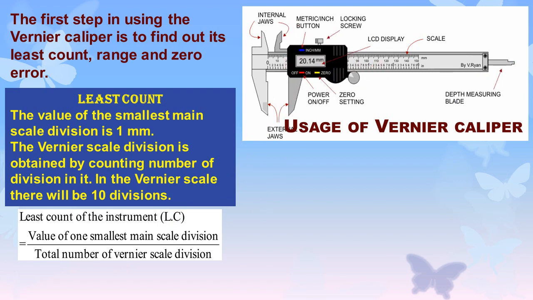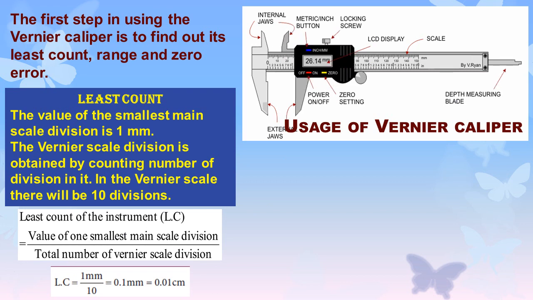So LC is equal to 1 millimeter divided by 10, because we have a total of 10 vernier scale divisions here. So LC is equal to 0.1 millimeter, which is equal to 0.01 centimeter.